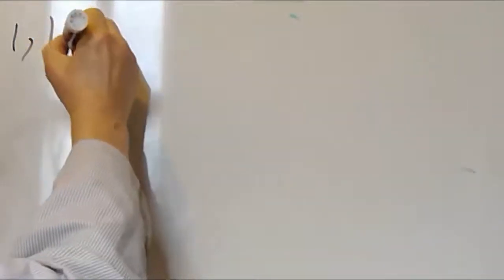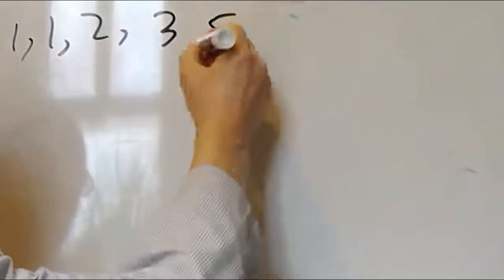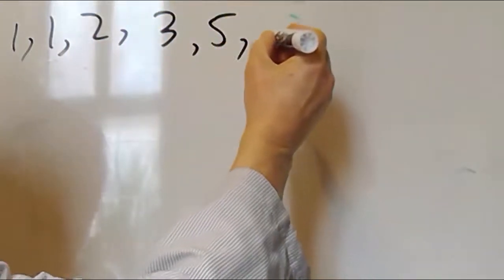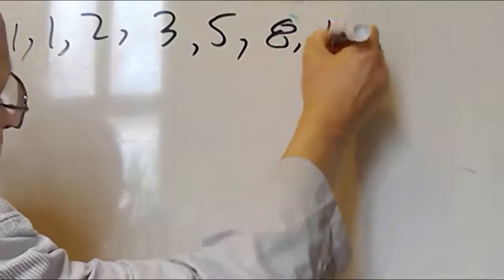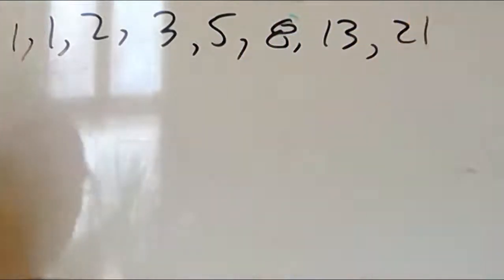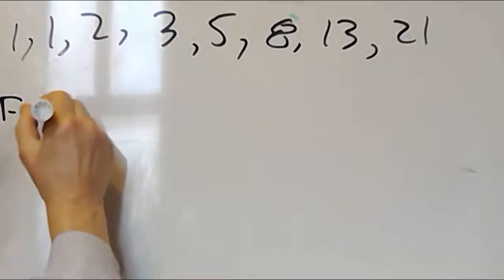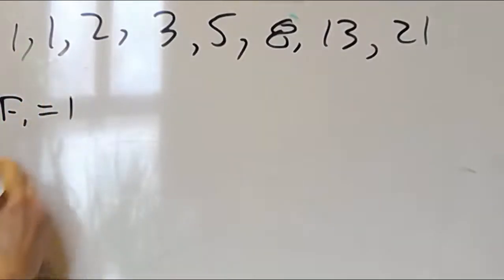We look at our sequence: 1, 1, 2, 3, 5, 8, 13, 21, etc. And we look at our Fibonacci sequence, and we call F1 1. So F1 is equal to 1, for Fibonacci 1.